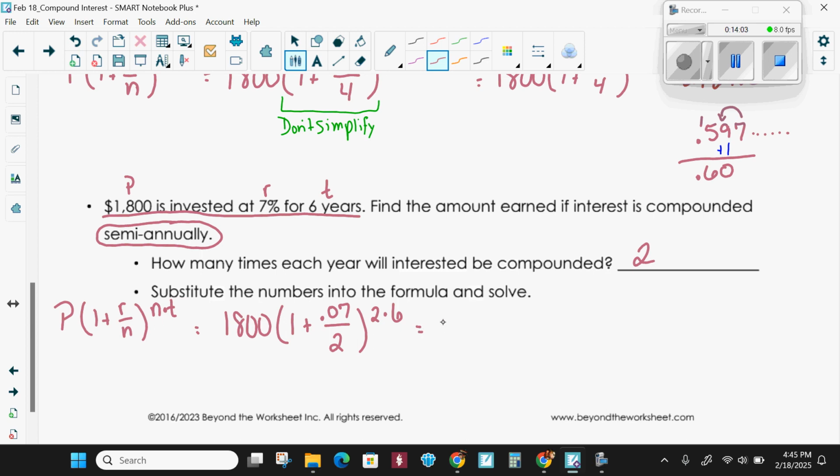Okay, so again, you can simplify the exponent, but don't simplify the inside the parentheses, sorry. So that's going to be to the 12th power. Pause again, do your own calculation, then come back and check.